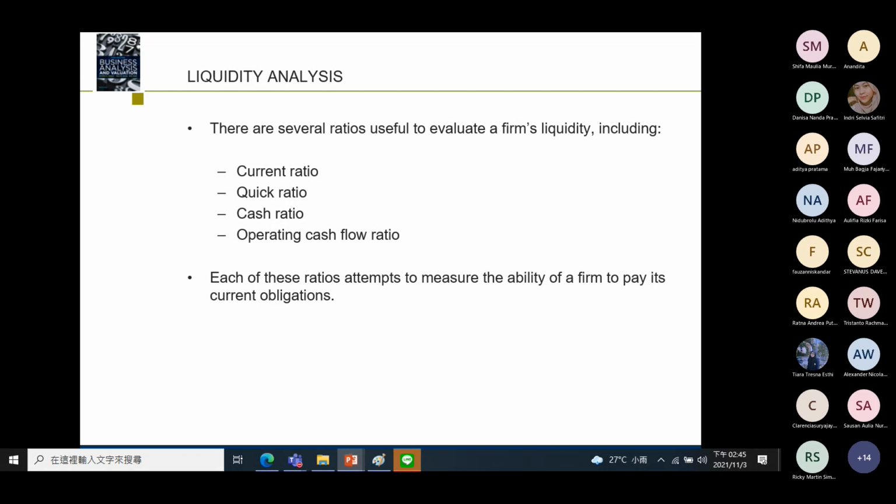Since current assets and current liabilities have comparable duration, the current ratio is a key index of a firm's short-term liquidity. Analysts view a current ratio of more than one as an indication that the firm can cover its current liabilities from the cash realized from the current assets.